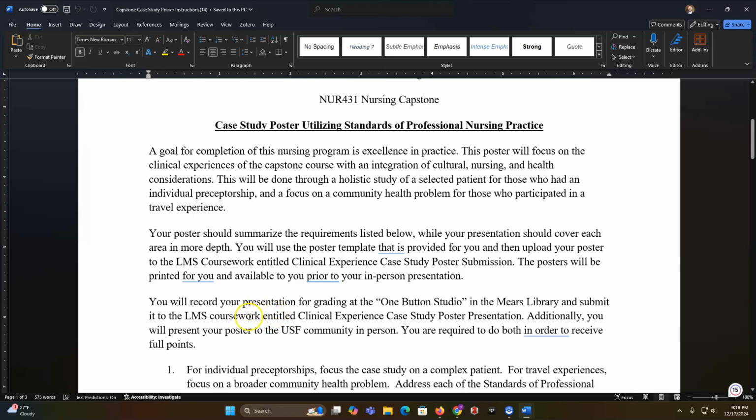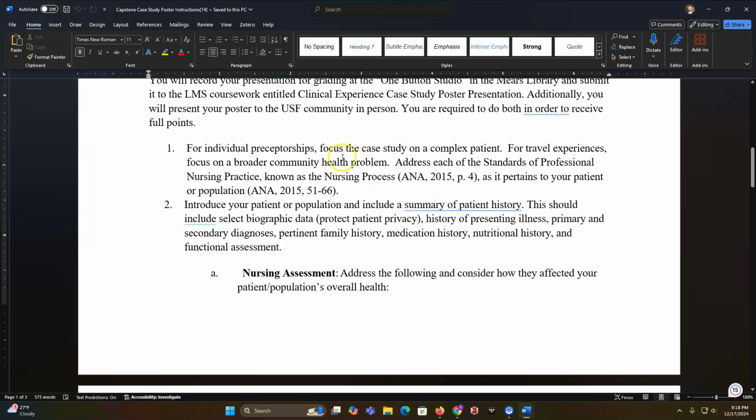Within this, you're going to focus on the case study. None of you have got travel experiences this semester. And so we're going to look at that patient. Protecting patient privacy, so you can't be saying names or specific ages. We don't want to know this is a patient from a specific town in Iowa, or anything like that.